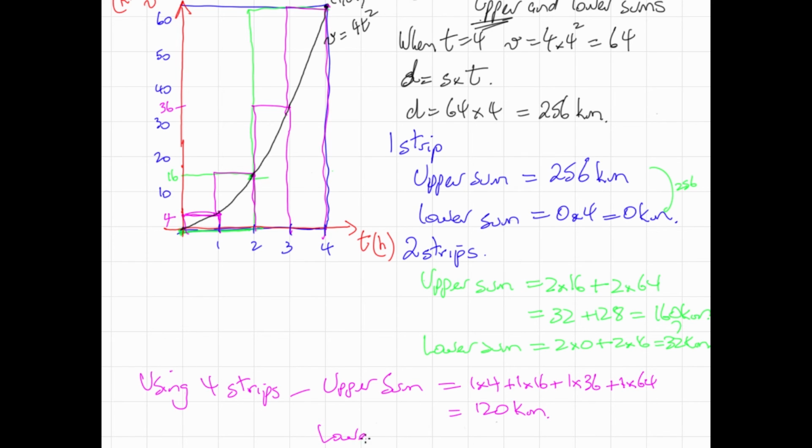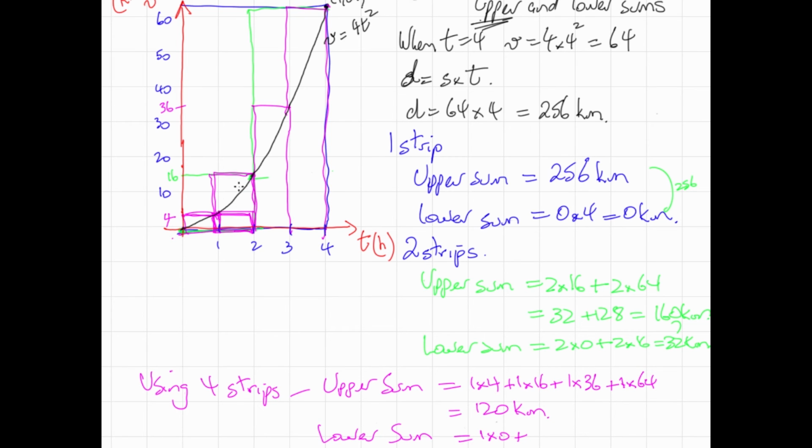And the lower sum would be equal to 1 hour at 0. Now, this one here, the lower sum would be the area of this bit here. So there's the upper sum for that hour, and there's the lower sum for that hour.